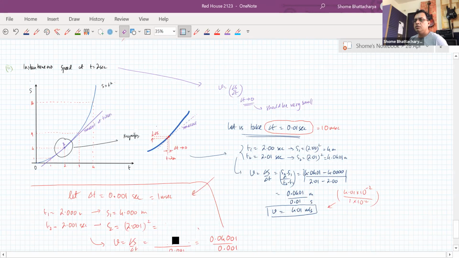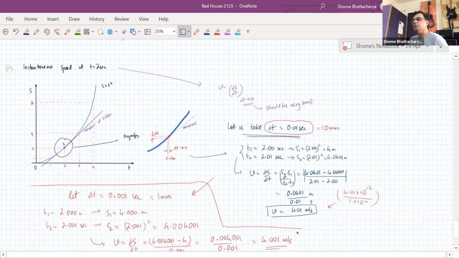Just a second, this will be slightly different. Yes, 2.001 seconds whole square will give me how much? It will give me 4.004001. This is the point you were making, Beta? Yes, sir. So this numerator will become 0.004001. So this time how much are we getting? We are getting 4.001 meters per second.